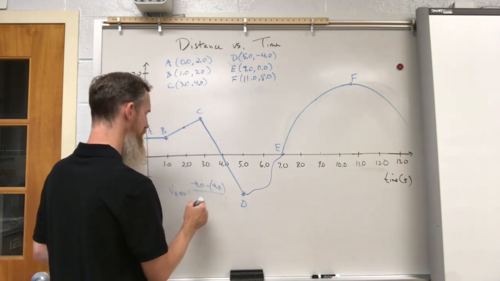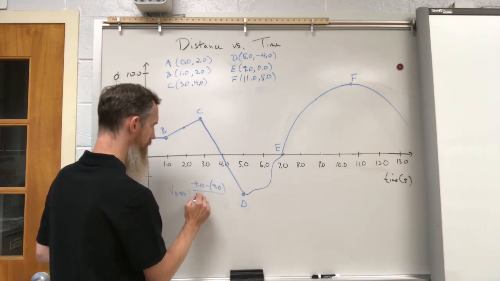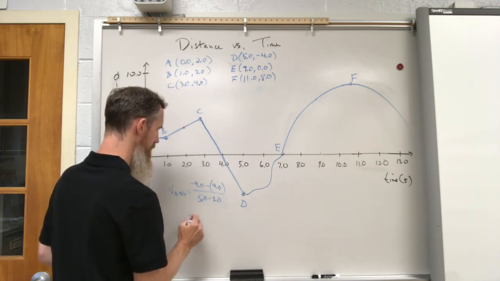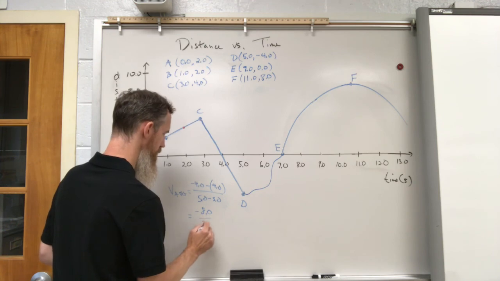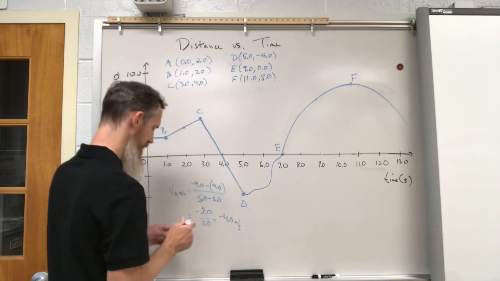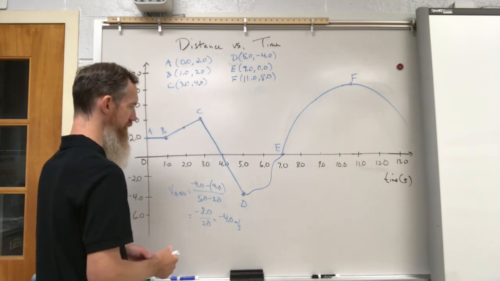And the time difference would have been from 5.0 to 3.0. And if you do this, you're going to get negative 8.0 over 2.0, so negative 4.0 meters per second.